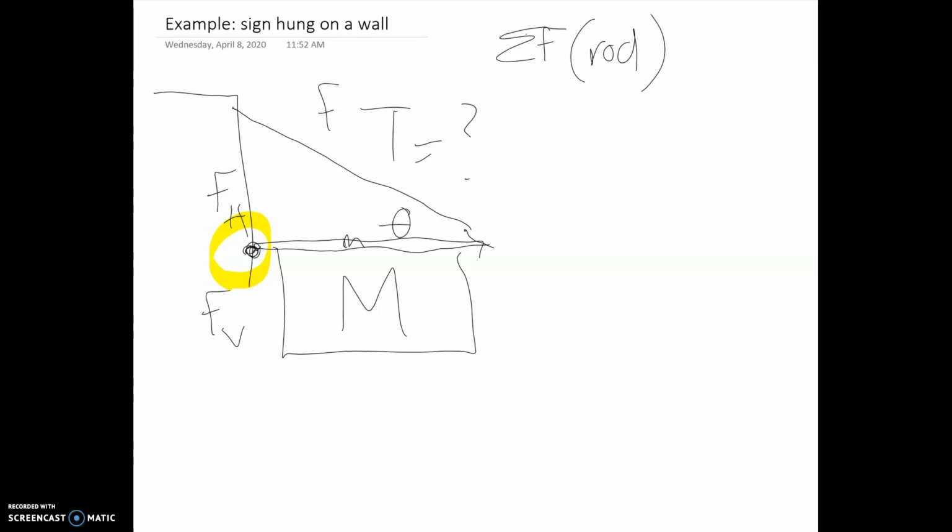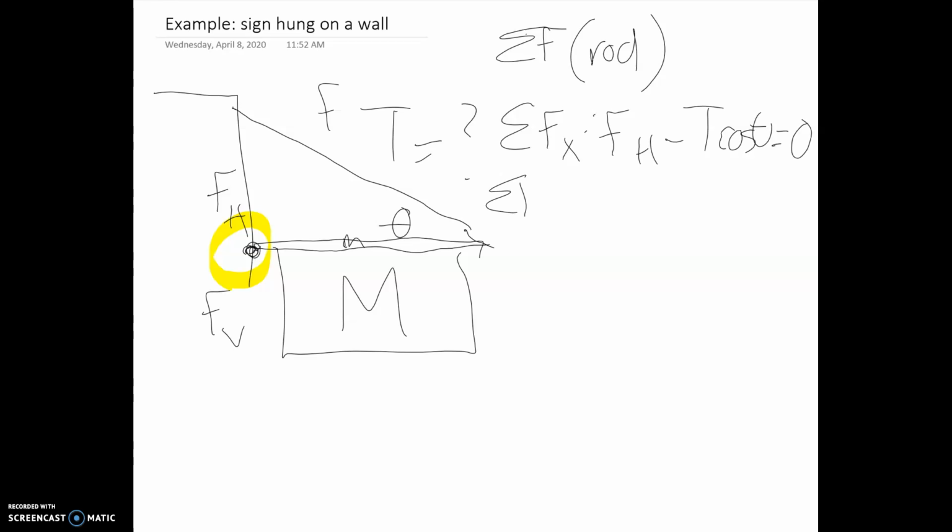And again, in the x direction there's going to be a horizontal force, looks like pushing to the right. And there's going to be some T cosine theta force that way. And again, if it's at equilibrium, they have to add up to zero.